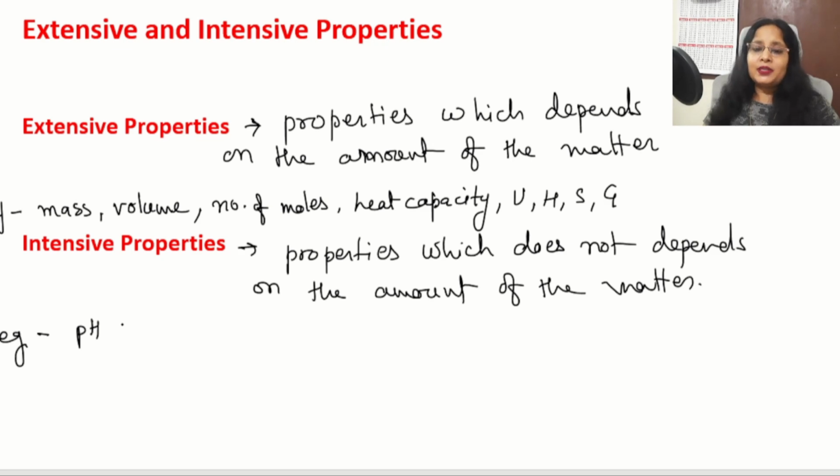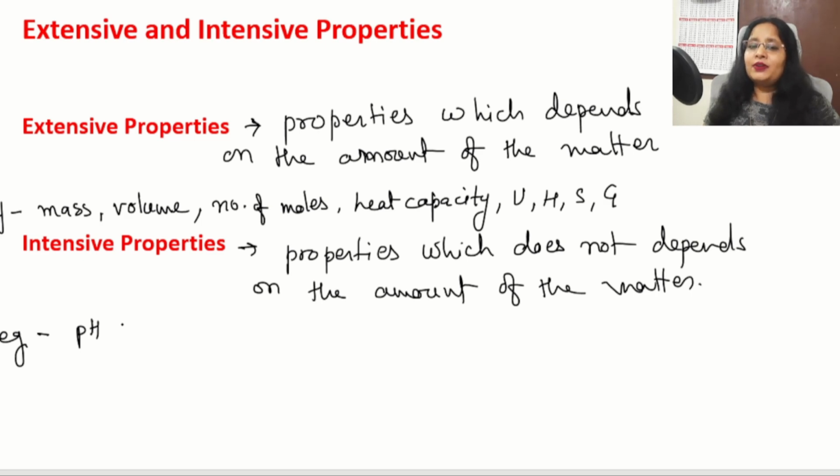The scale is pH. So if we have a sample, that sample we took in two different containers. In one container we took only 2-3 spoons of that sample, and in another container we took 10 ml, or I can say 30 ml of the sample. So same sample in two different containers with two different mass.